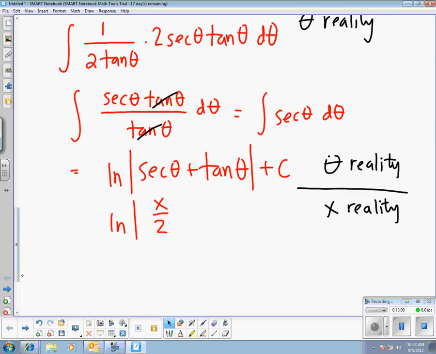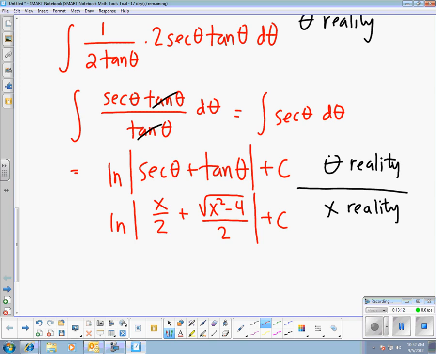Okay, so plus tangent is plus my original square root that I've been dealing with the whole time, x squared minus 4 over 2, plus c. Okay, and to be technical, this c and this c are not the same, so I'm going to put a c1 there. That really is just a small technicality.